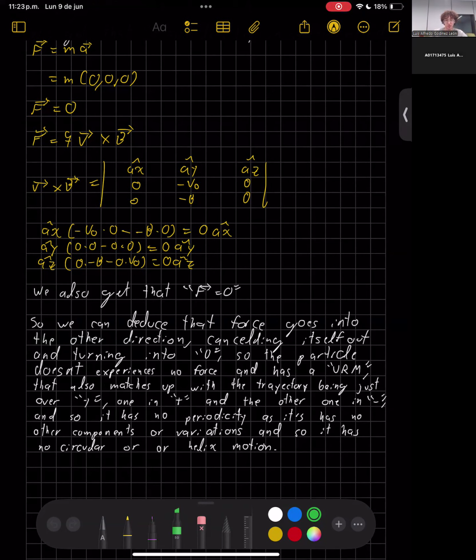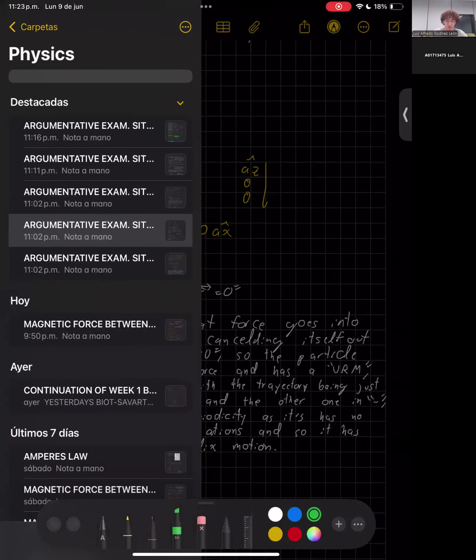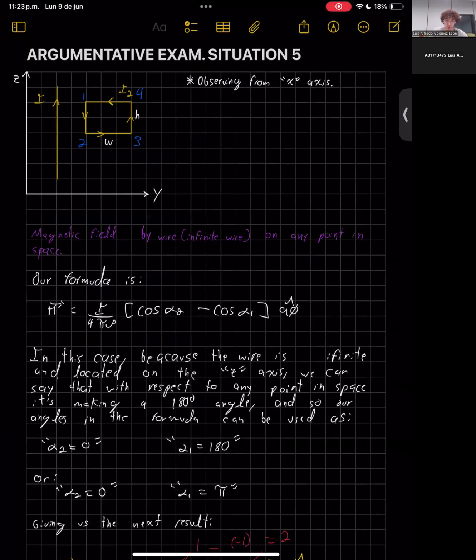And so it has no periodicity, as it has no other components, no x components or z components. It goes just over the y-axis, and it also has no variations. So it has no circular or helix motion because, as we said, it stays on the same plane.